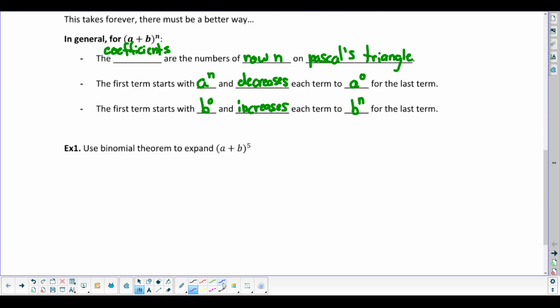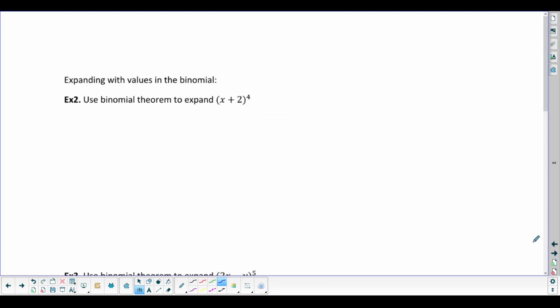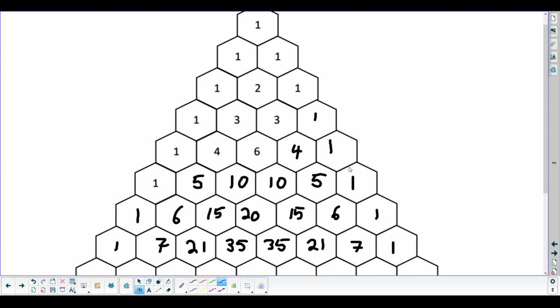So let's try that for a plus b to the power of 5. We aren't going to write out the whole process of expanding, we're just going to use binomial theorem. First we have to look up Pascal's triangle in the 5th row, and I actually have that. Here we go.